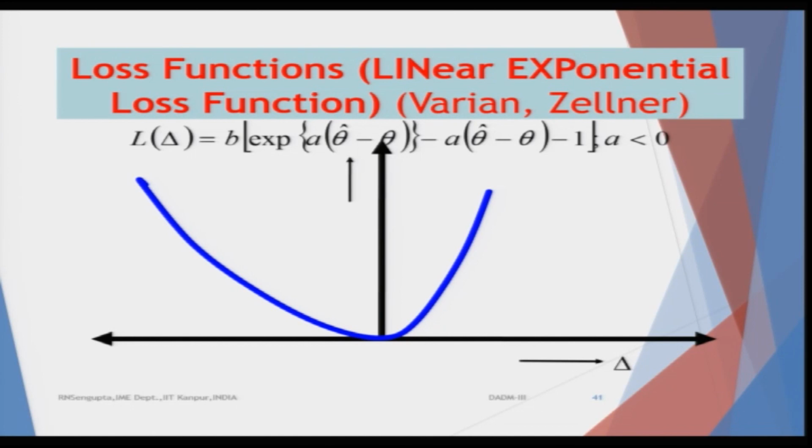Hence, in the second quadrant you will have an exponential dominated curve, while in the first quadrant on the right you will have a linear dominated curve. So the linear exponential loss function would be penalized more on the right, in the first quadrant, when the value of A is positive, and it will be penalized more on the left, in the second quadrant, if the A value is negative.